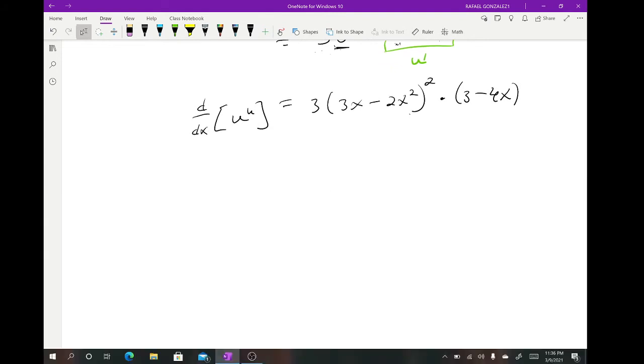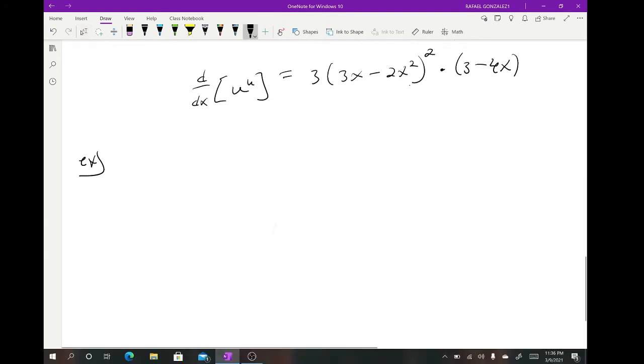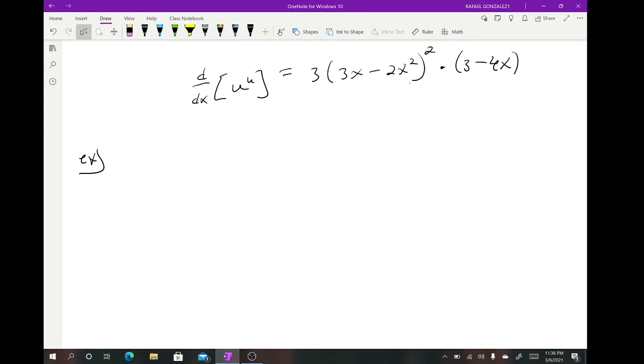Now, let's do another example, just to drive the point home. Let's say we want to find all the points for which the following function is equal to 0. So let's find all points for which the derivative f prime of x is equal to 0.